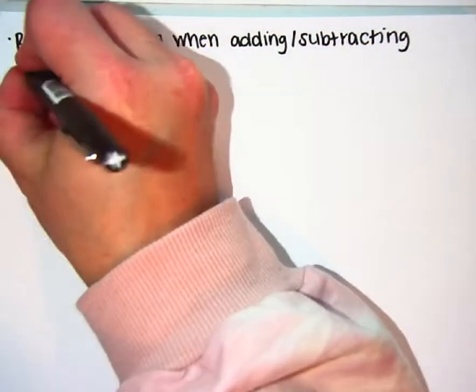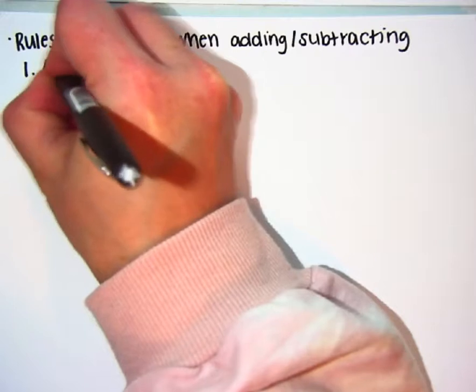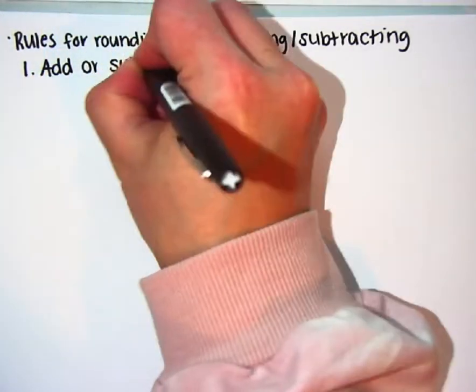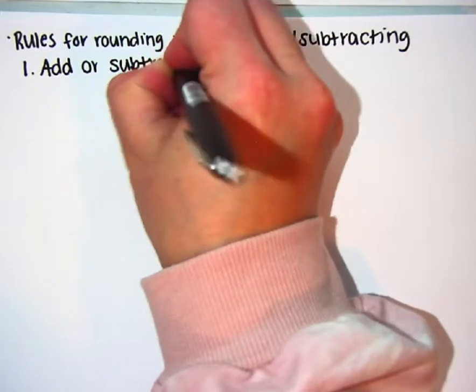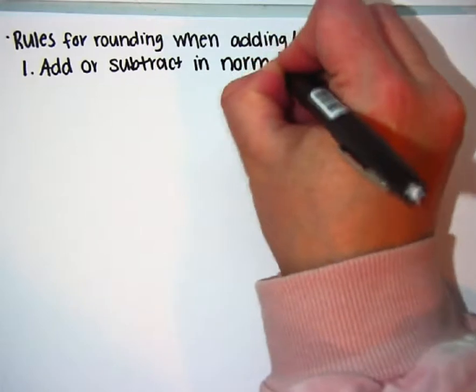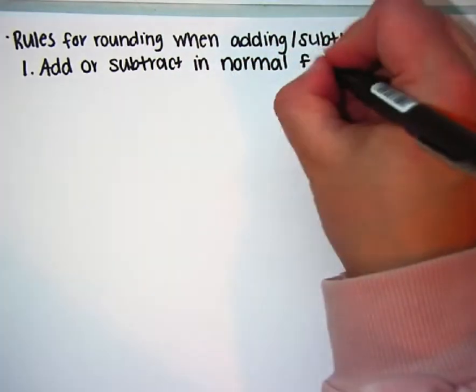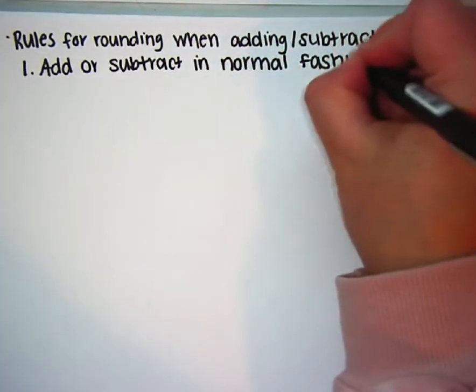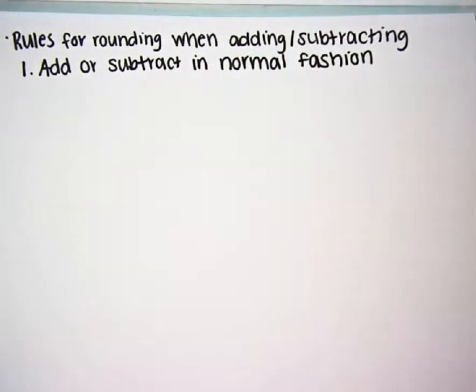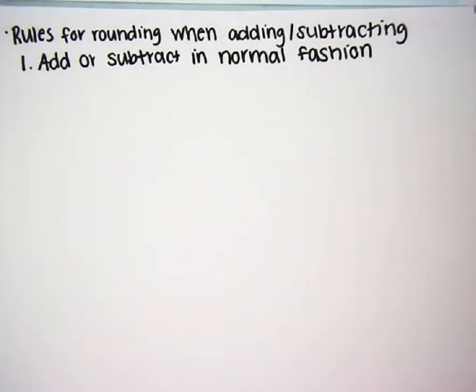So again, first rule is going to be the same. Add or subtract in normal fashion. Don't do any pre-rounding. Do all of your math first. When you get your final answer, that's when we round.